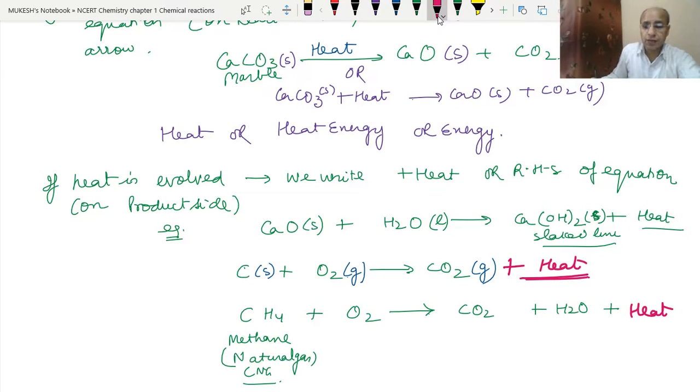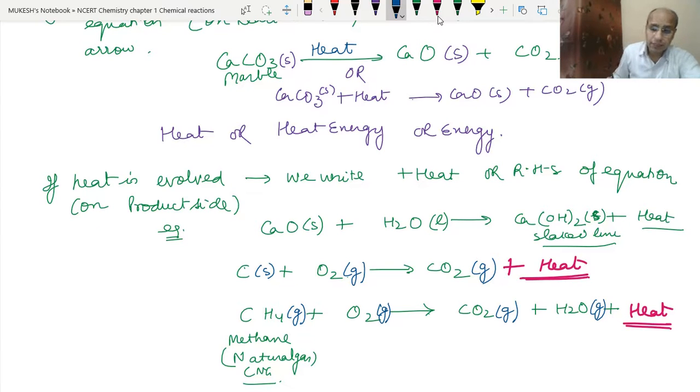As we can see, we can cook food also, so that much heat is evolved. Clear? Now some changes. Here CH4 is in gaseous form, oxygen is also gaseous, and carbon dioxide is also gaseous. The water here is also formed in the gaseous form, because of the heat it converts into steam immediately.